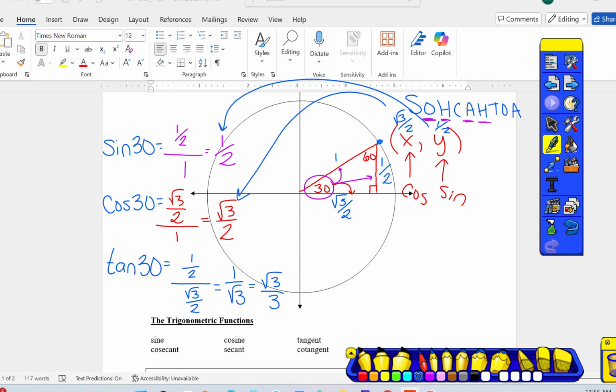So there's also a quick way to get tangent. Tangent always ends up being what your sine is over what your cosine is. Let's write that down in the corner somewhere. Tangent of x is equal to sine over cosine.